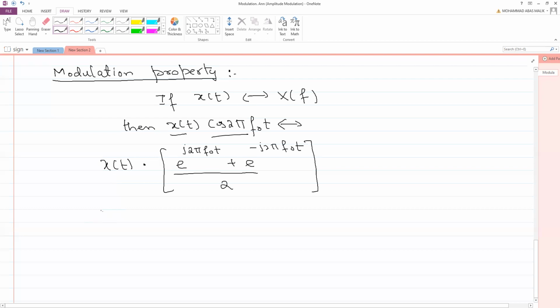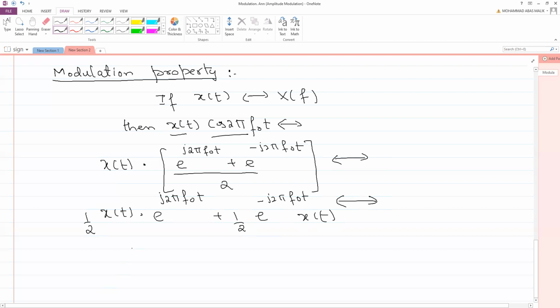What you will get is 1/2 x(t) e^(j2πf₀t), and again multiplying, we will get 1/2 e^(-j2πf₀t) x(t). So this is your final value of the signal.